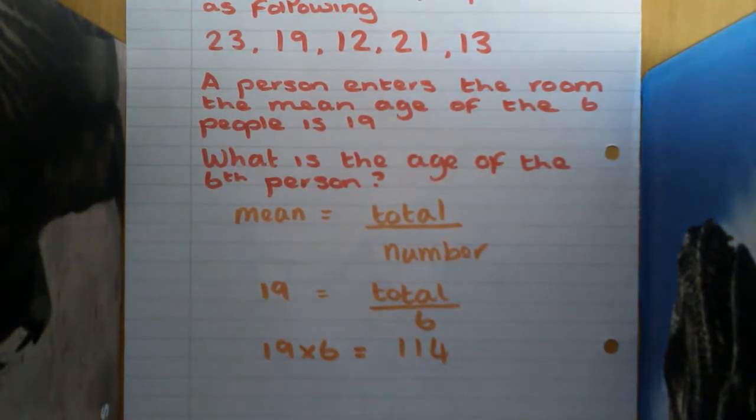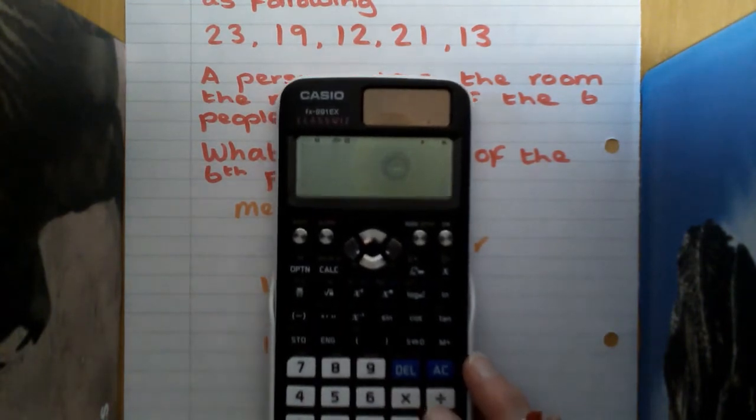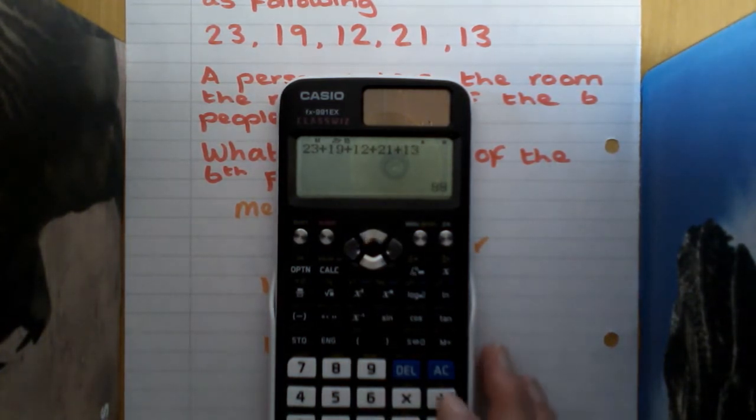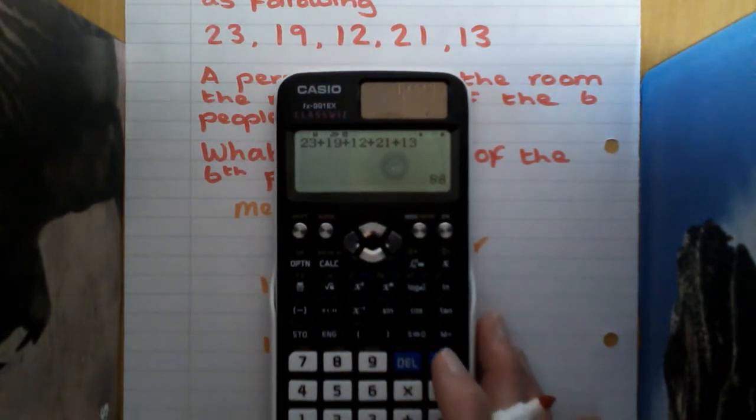Now, I already know the ages of the other 5. So the ages of the other 5 added together is going to be 23 plus 19 plus 12 plus 21 plus 13, which is 88. So the total of the ages before the 6th person joined was 88.